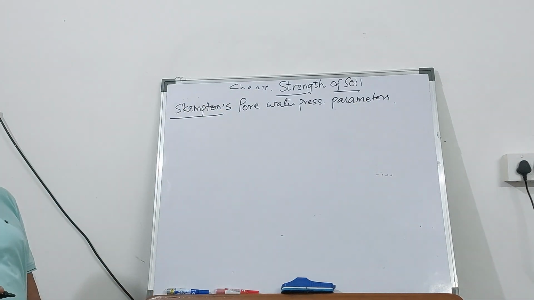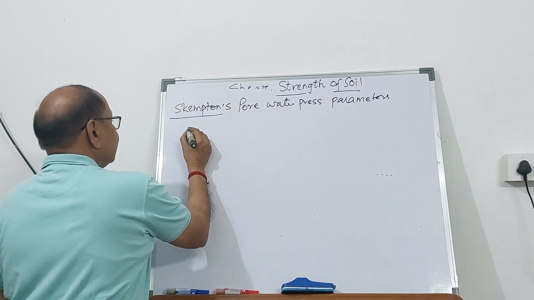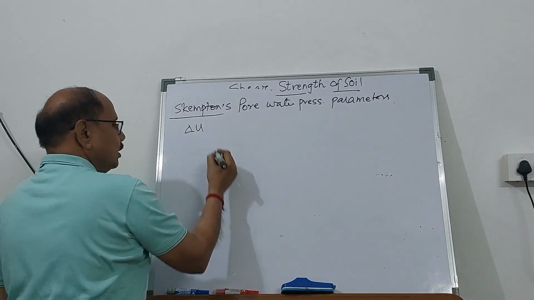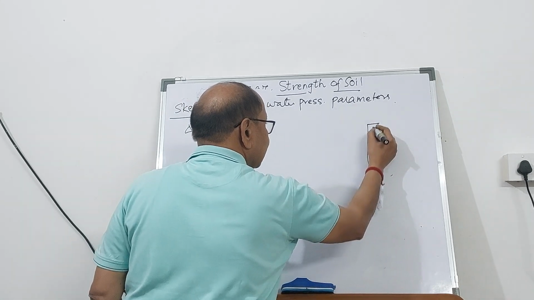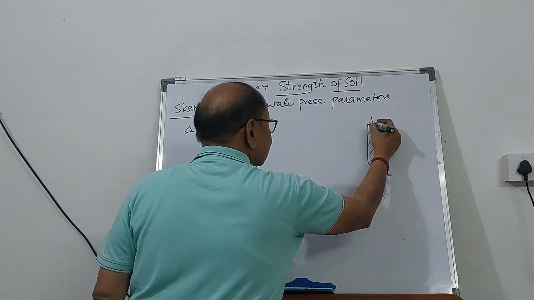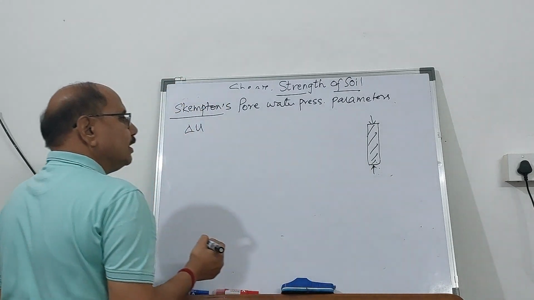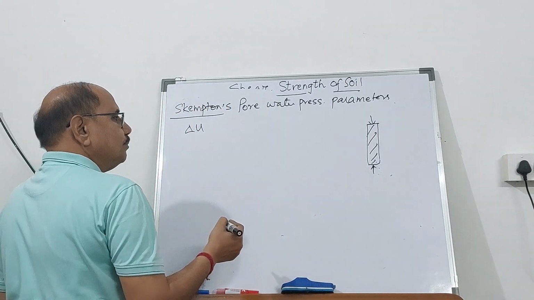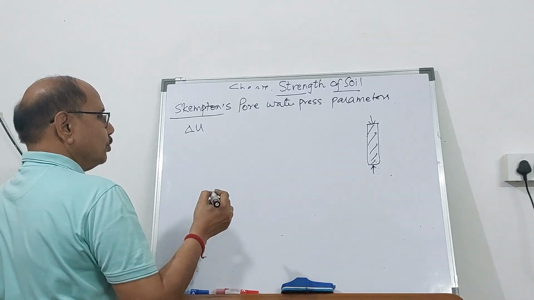You know that the moment any soil element is subjected to a pressure, the pore water pressure is going to increase. And when it dissipates, the pore water pressure becomes 0.